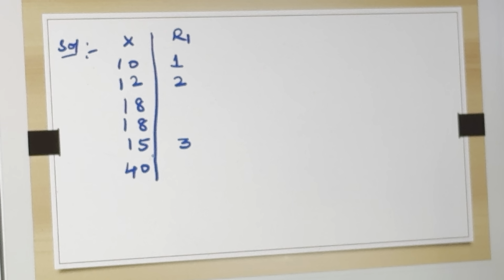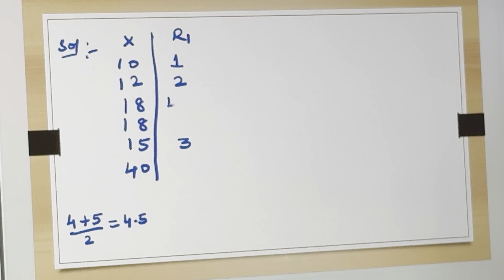Okay, now 3 ranks are already assigned. Fourth rank assign करने के लिए 18 का नंबर जो है कितने बार रिपीट हुआ है? 2 बार रिपीट हुआ है। 2 बार रिपीट हुआ है का मीनिंग क्या है? 3 रैंक ऑलरेडी आपने असाइन किया है, so the next rank should be 4 plus 5 you will be adding, because 18 is repeated twice, upon you will have to divide it by 2. 4 plus 5 is equal to 9. 9 upon 2 will give you what? 4.5.